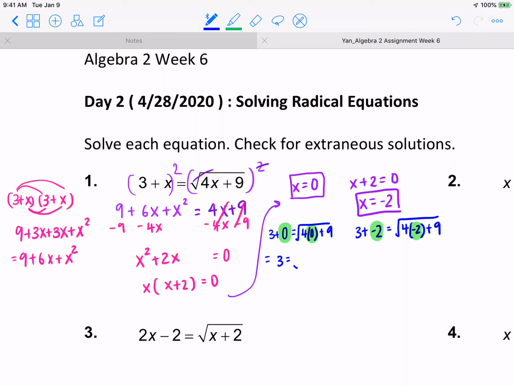And we get 3 equals the square root of, that goes away, so I have 9. 3 equals 3, check. 3 minus 2 is 1, equals negative 8 plus 9. 1 equals the square root of 1, so 1 equals 1, check. Okay, so this is how you do every single question.